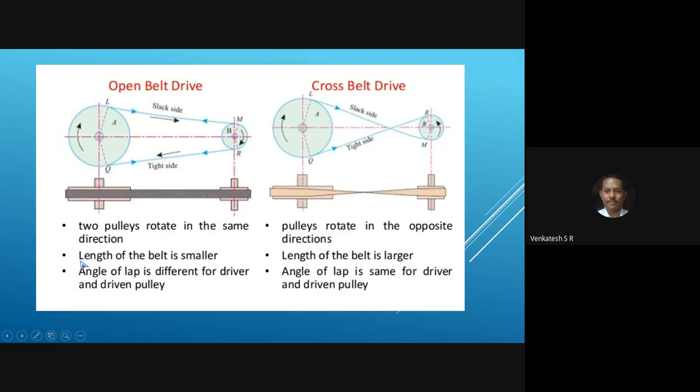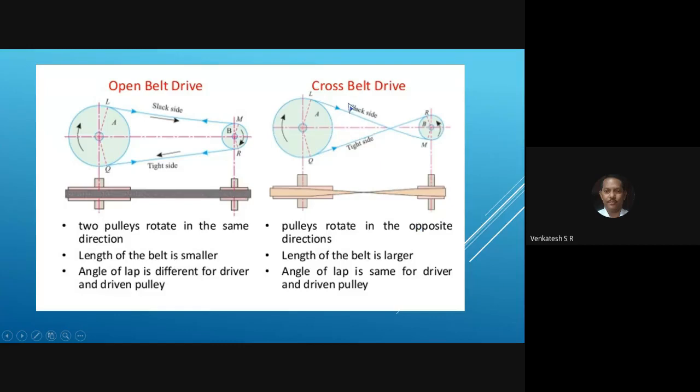Next line, write down number 2. Length of the belt is smaller. All of you understand? Everything is open. The belt required for running the driving and driven pulley is small because everything is open. Only the open side you cover the circumference of the pulley.